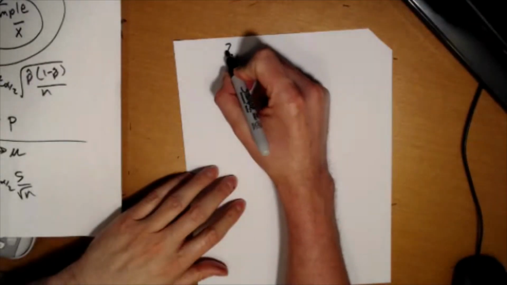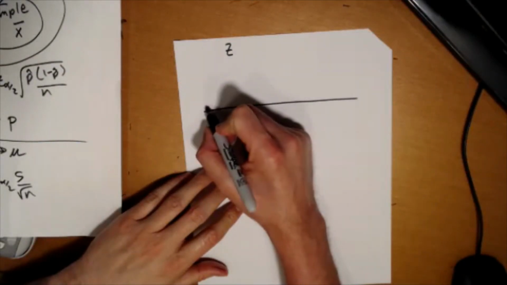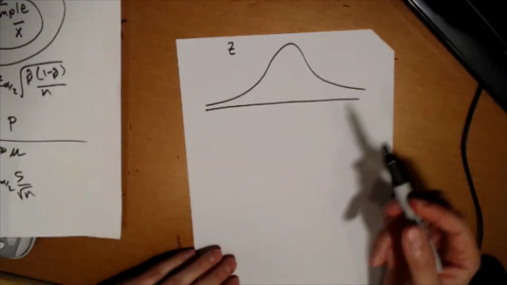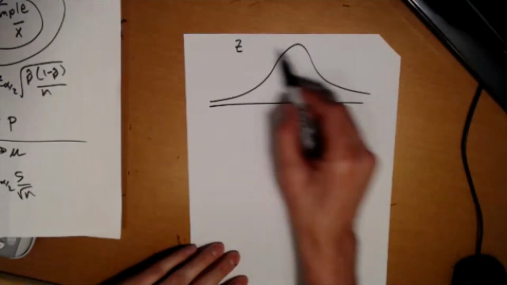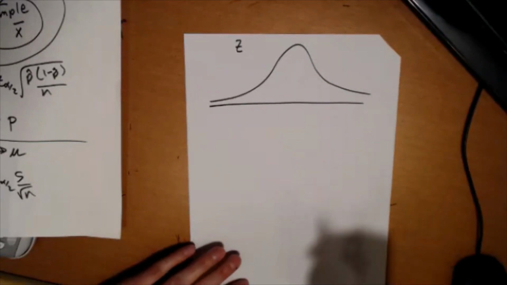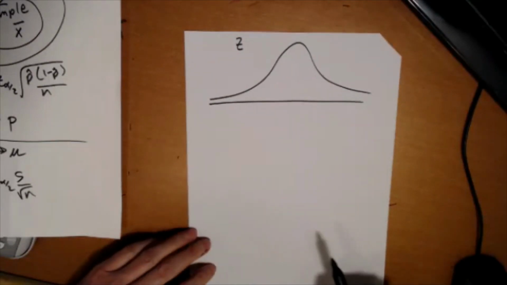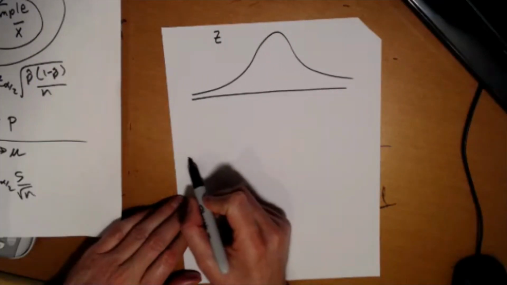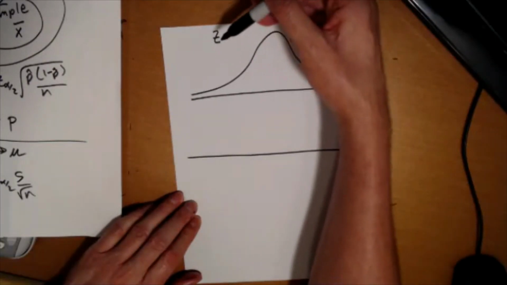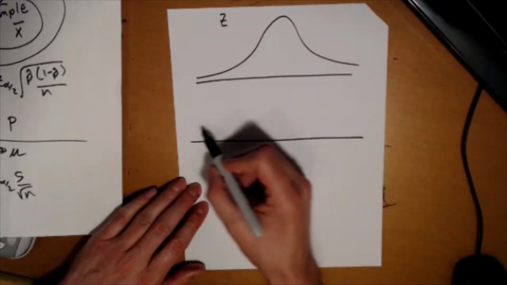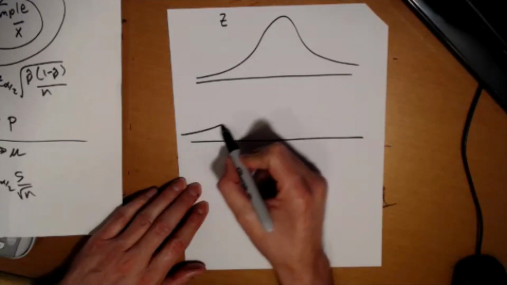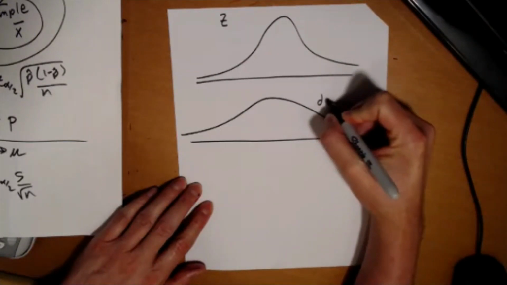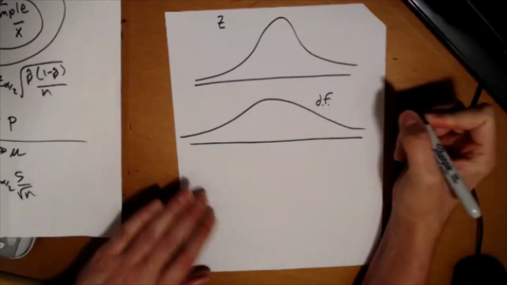But really quickly, our z distribution, the normal distribution, we'd always draw a nice little bell curve. And we had a whole z table that corresponded to that. So imagine if there was just a bunch of different, more squished down distributions. So maybe it looks something like that. And that would have degrees of freedom. What's that? We'll talk about that in a second.